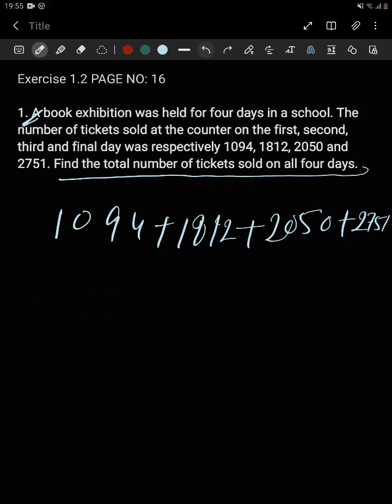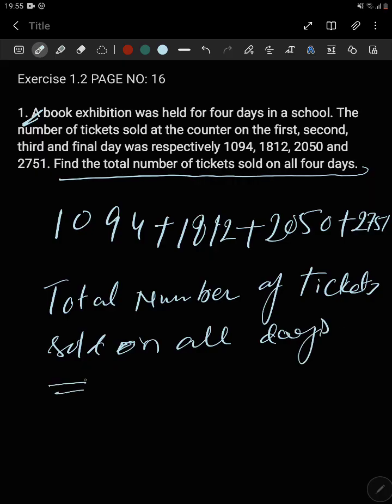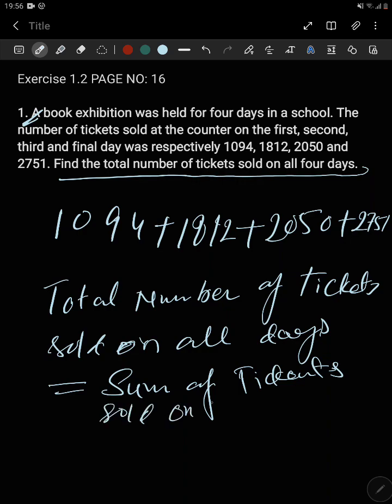So we'll write like this: total number of tickets sold on all days will be equal to the sum of tickets sold on all 4 days.